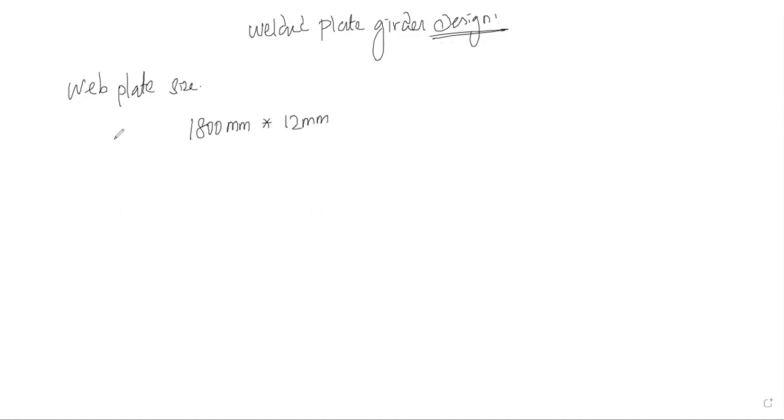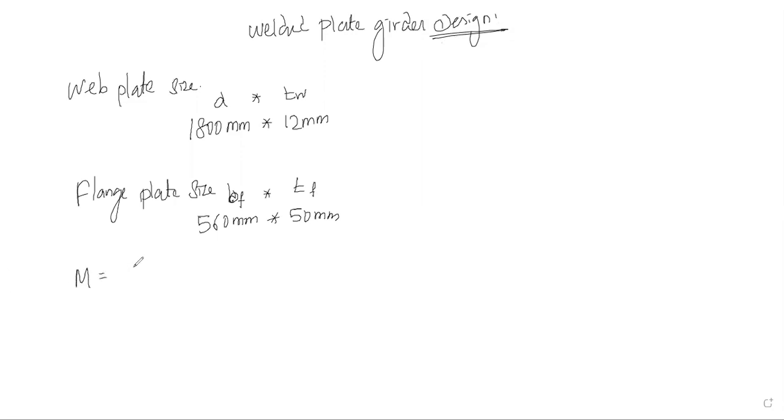Similarly, the flange plate size is 560 mm by 50 mm. So here it is D, this is the thickness of web, here it is the breadth of flange, and this is the thickness of flange.